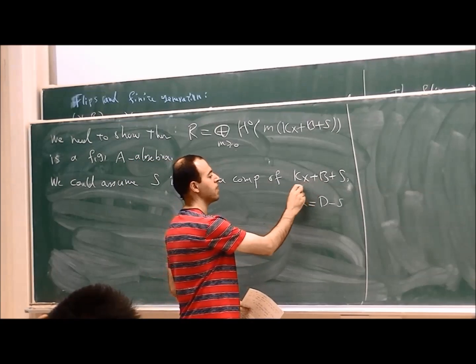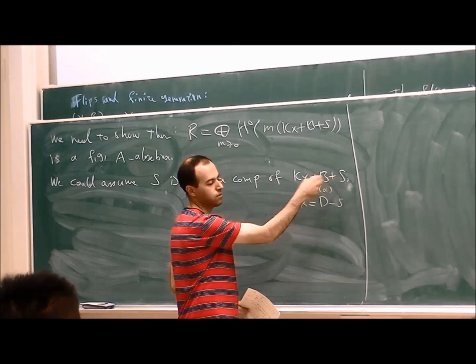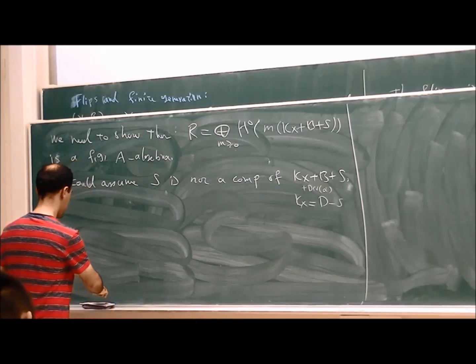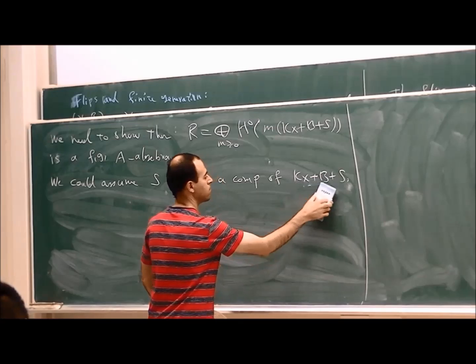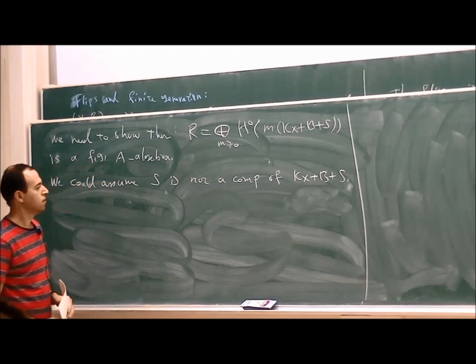You can always add the divisor of some rational function which will remove that. So this is a very elementary thing. It's just because of K, you have some flexibility there.